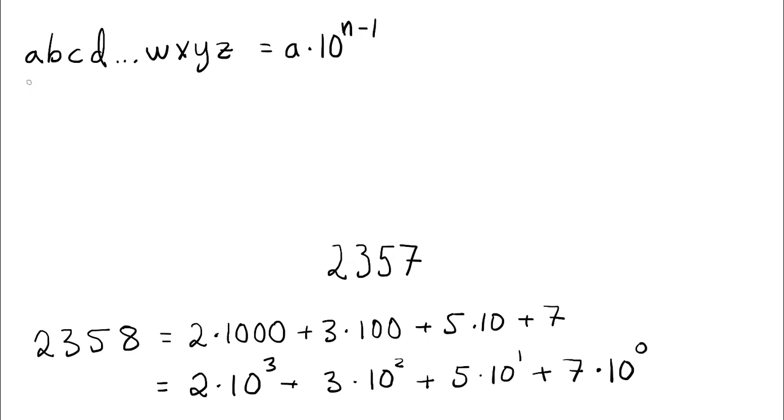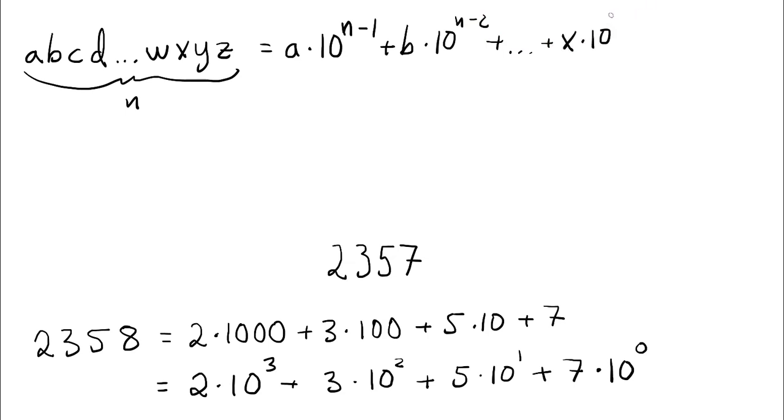And why minus 1? Because if you have n digits, then this first one will be 10 to the power of n minus 1. And then we have 10 to the power of n minus 2. And so on, until we come down to x times 10 to the power of 2, y times 10 to the power of 1, and z times 10 to the power of 0.